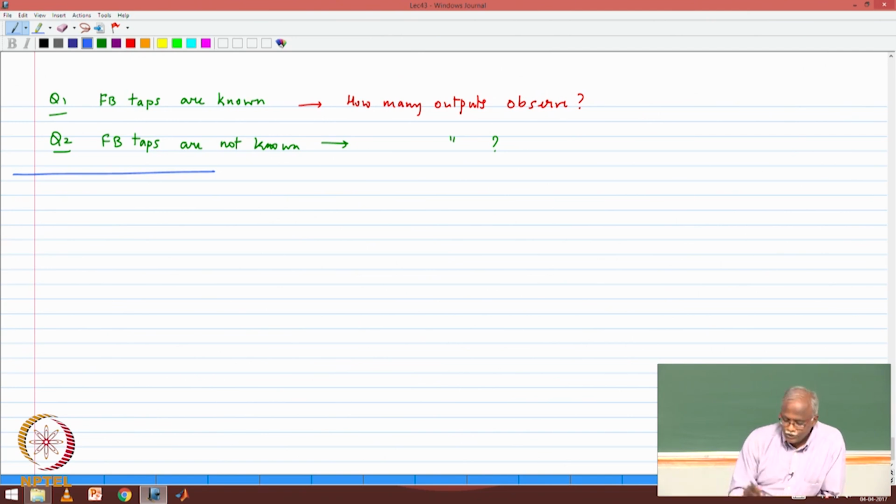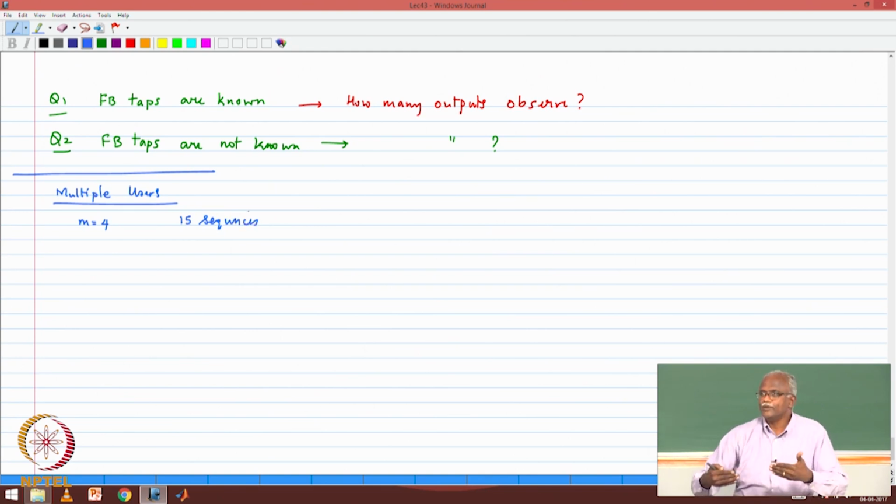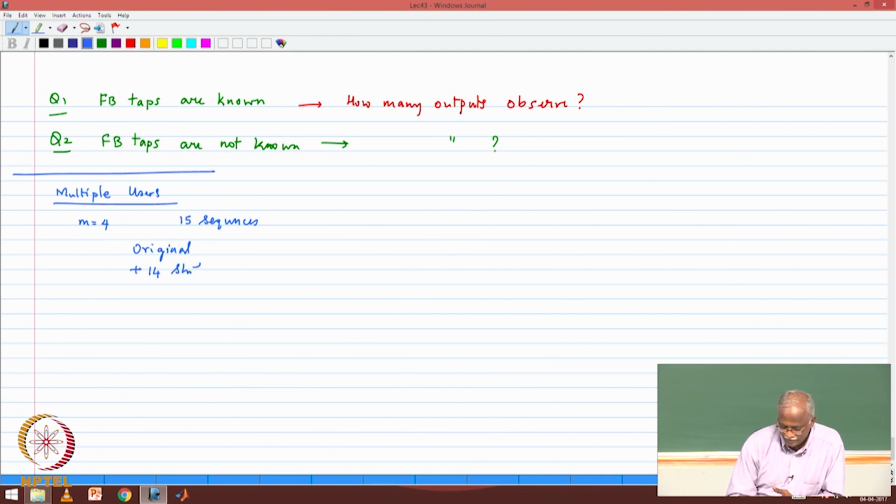Now comes the issue of multiple users. Take the case where m equal to 4. I had a length 15 sequence. Now, how many other sequences are there which have good properties with this original sequence? All the right shifted versions of it. So there is the original sequence plus 14 shifted versions.